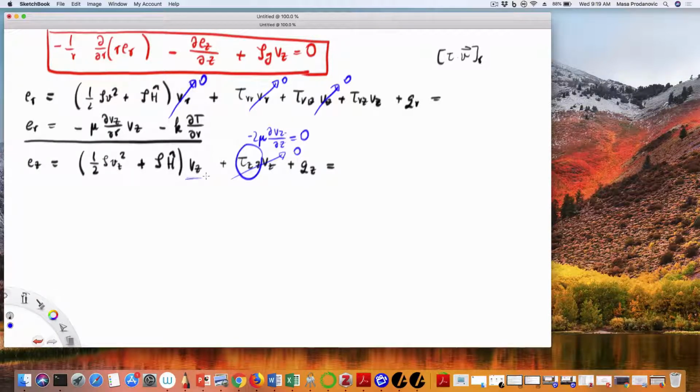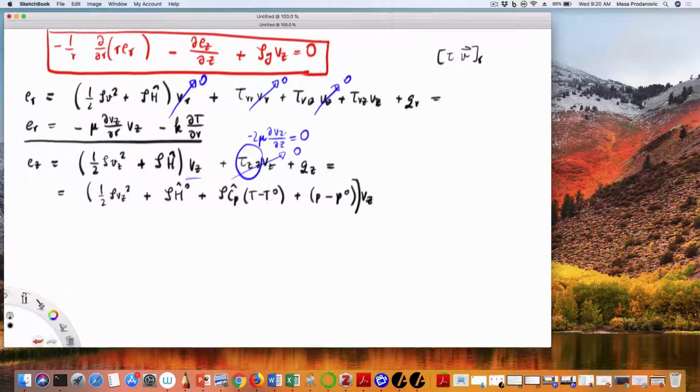So this component is not 0 though, so I do have to write down what everything is here. Plus rho h0 plus rho Cp (T minus T0) plus (p minus p0) Vz.